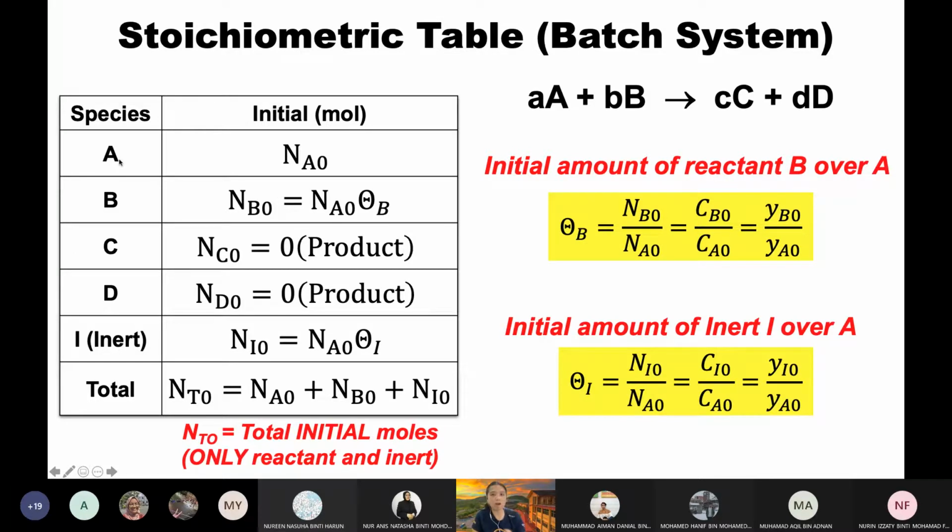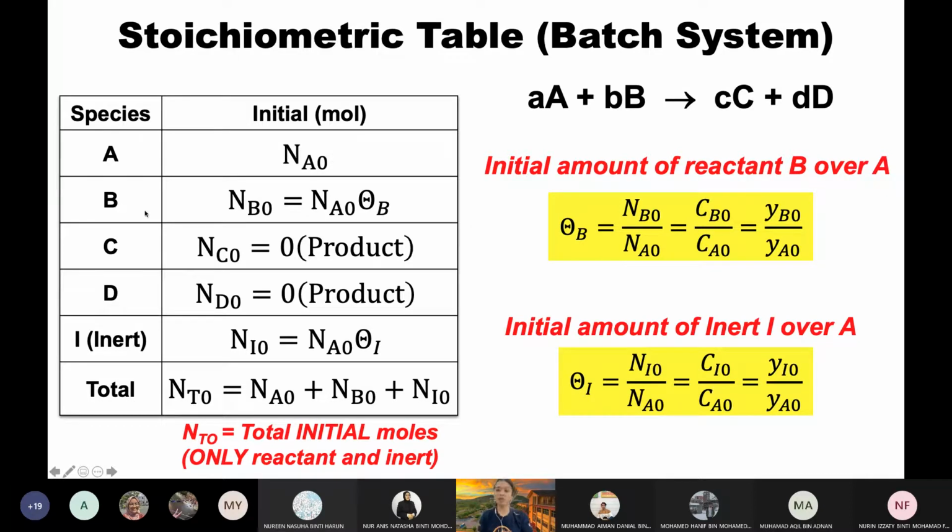So untuk compound A, species A, initial amount dia NA0. So contohnya katakan kamu tahu bilangan asal mol A adalah 5 mol. So NA0 sama dengan 5, meaning NA0 tu 5 mol. Okay, done. So species A senang lah kan.